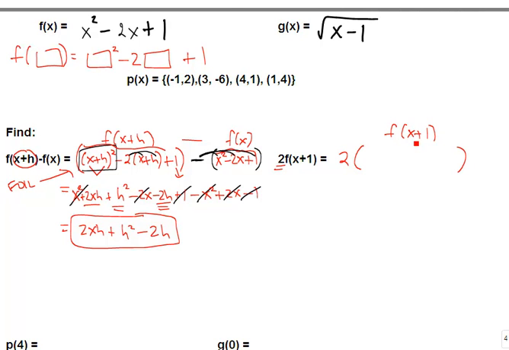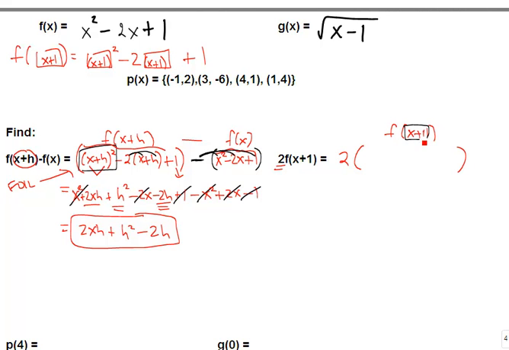So this time around, our input, our stuff, is this x plus 1 quantity. So we want to take x plus 1 and put it right here where that square is, and we want to put it right here after that too. And to do it correctly, wrap this x plus 1 in parentheses.